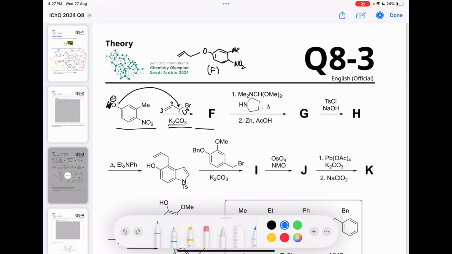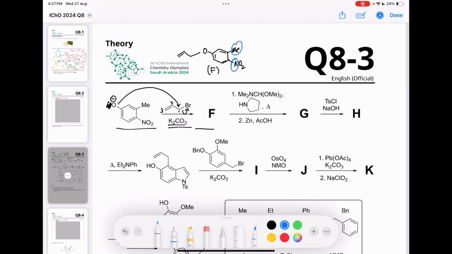So let's think about what might happen from F to G. How does this heterocycle get formed? Well, we see that we have the nitrogen ready for us here, and we also have a methyl group.